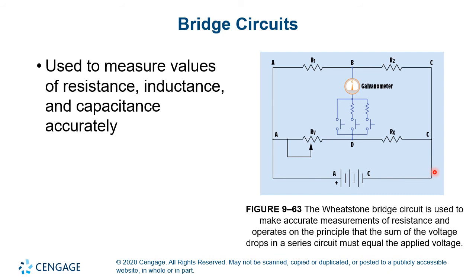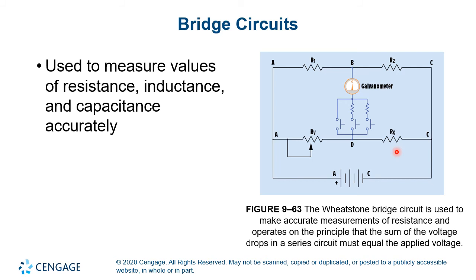In this case, we have 2 resistors, resistor 1 and resistor 2, of known resistance. We have an unknown resistance here. We have an adjustable resistance here. And the idea is to determine what the voltage flow is, and what this allows us to do is determine very small changes in resistance.